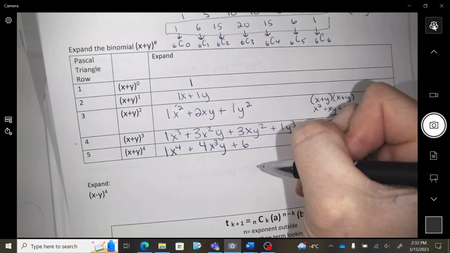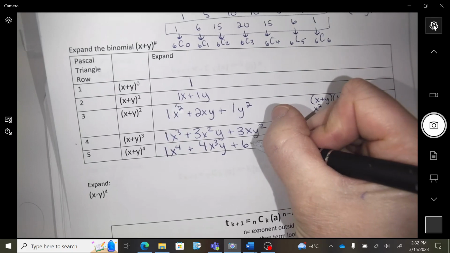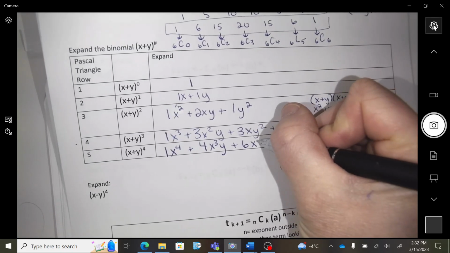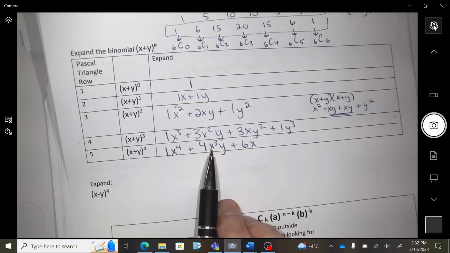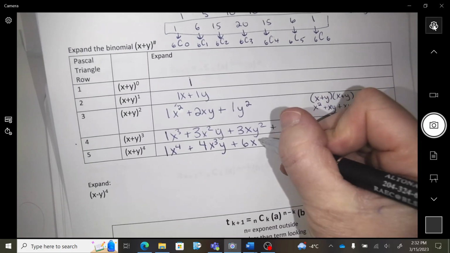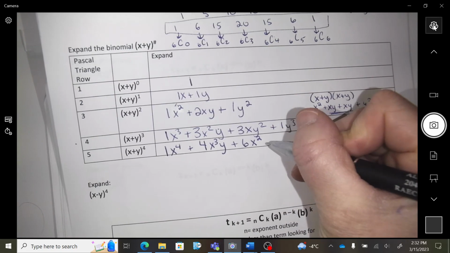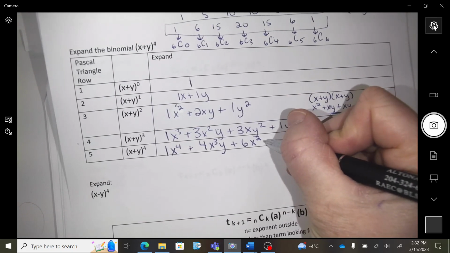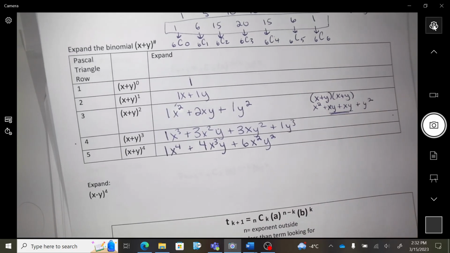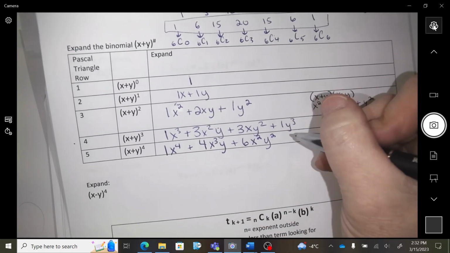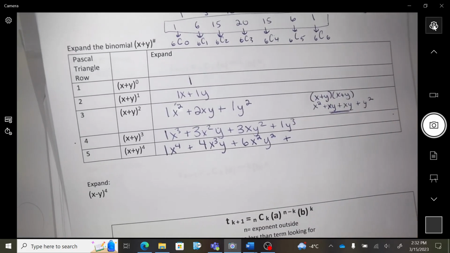What's going to happen to the x? How many x's do you think there's going to be? This has a fourth. This has a cubed. This has a squared. How many y's do you think there would be then? y squared, plus, what's the next?